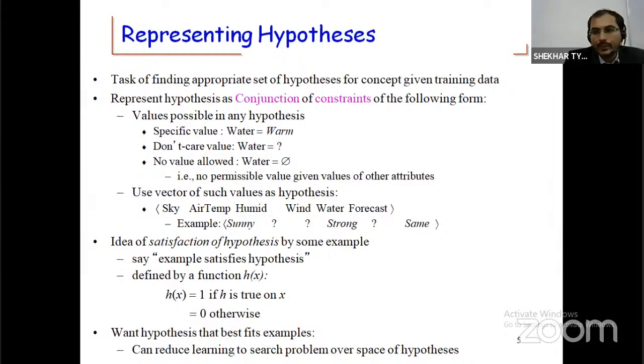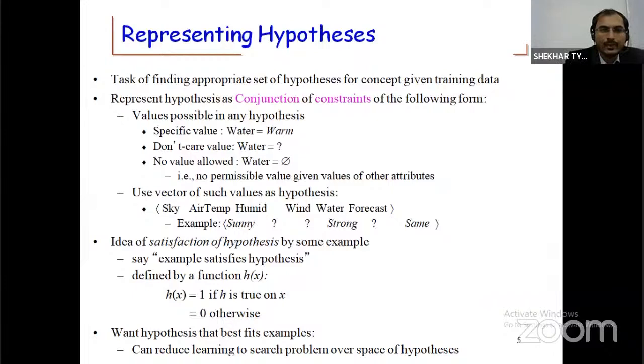So there are three types of values a hypothesis can represent. First, a specific value, right? Just like a condition, water. So water is either warm, right? It can be cool as per the attributes that we are having. So these are some specific values. But there are some values which we don't care about, right?